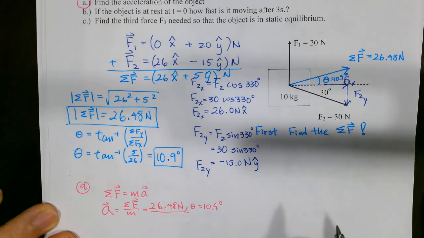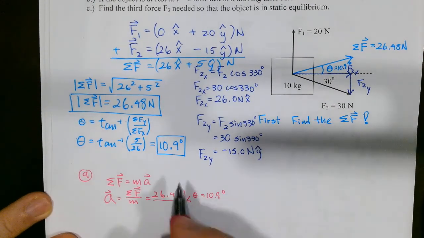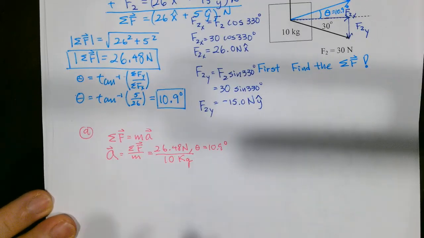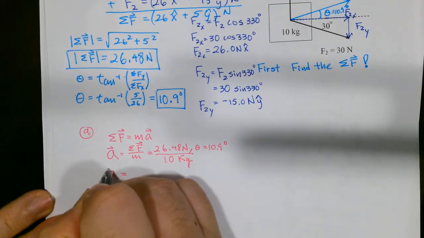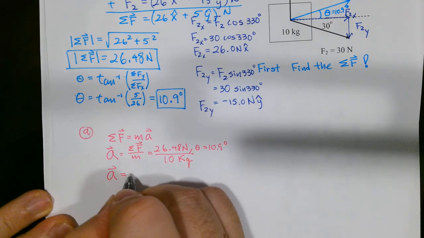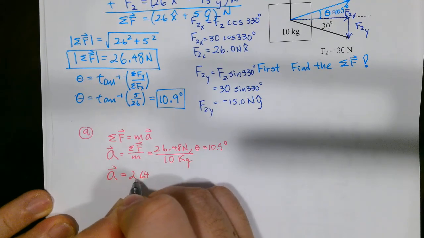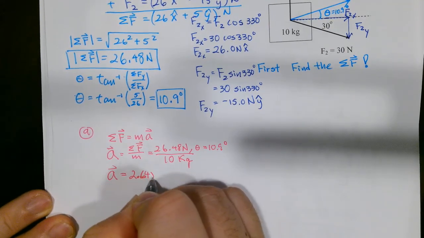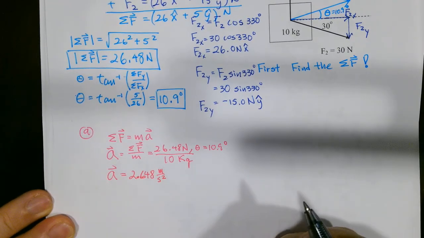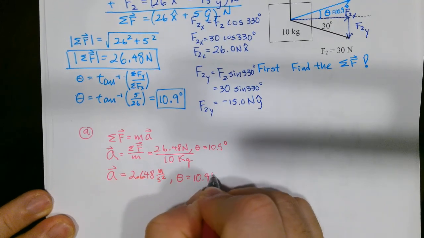Divide that by mass, which is 10 kilograms. So my acceleration is 26.48 divided by 10, which is 2.648 meters per second squared, comma, theta is equal to 10.9 degrees.